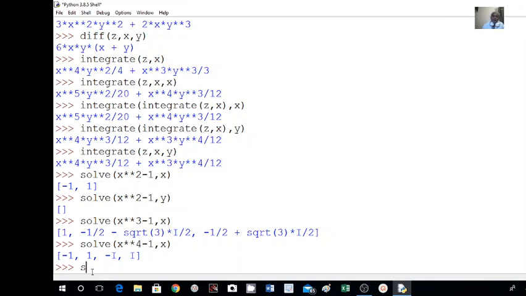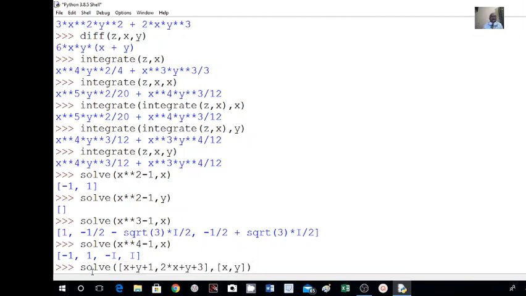Next, solve: open square bracket, x plus y plus 1, comma, 2 star x plus y plus say 3, close this bracket, comma, again open square bracket, x comma y, close square bracket and close this parenthesis.